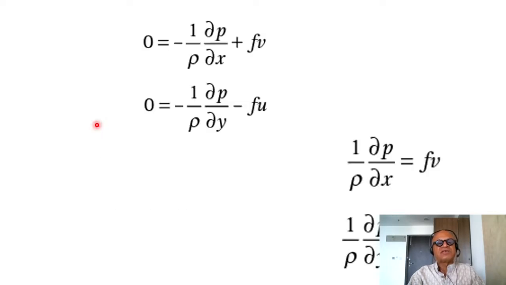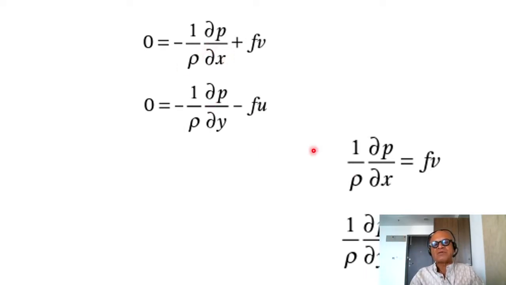So as we had seen before, we end up with what we call geostrophy. In this case obviously it's just Coriolis force versus pressure gradient. So Coriolis force is balancing the pressure gradient.